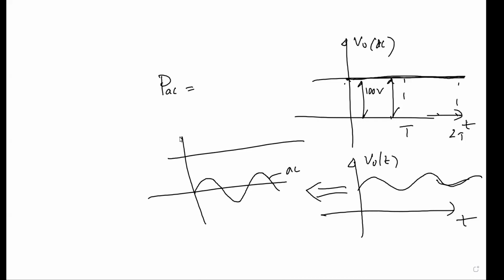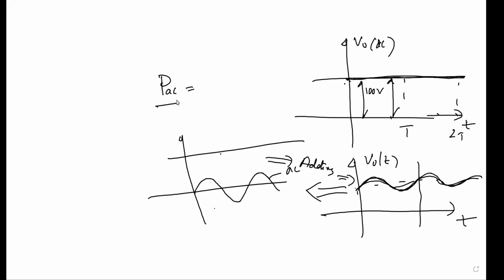If you add these two, you will get this waveform. Am I correct or not? Yes, sir. So this is also DC, but we can find out the RMS value of the voltage and the RMS value of the current.